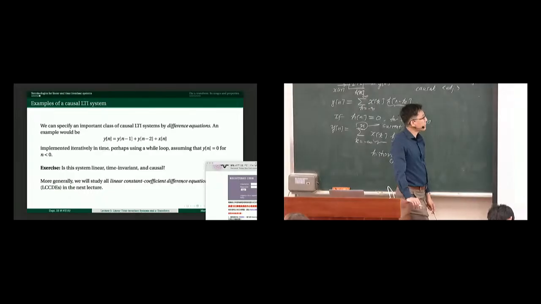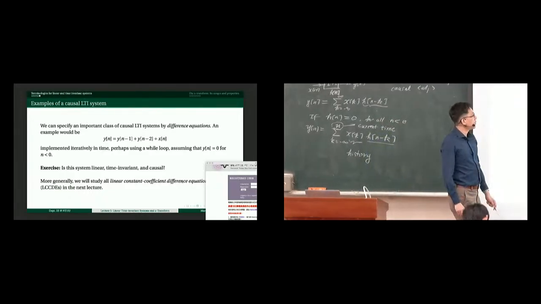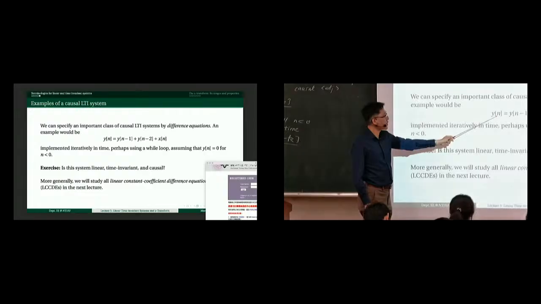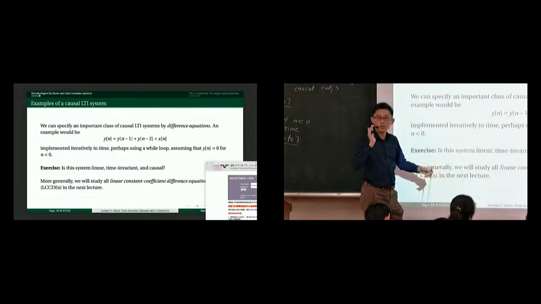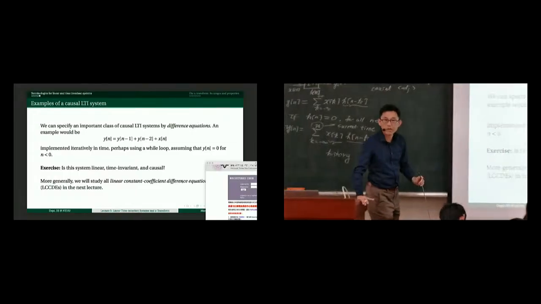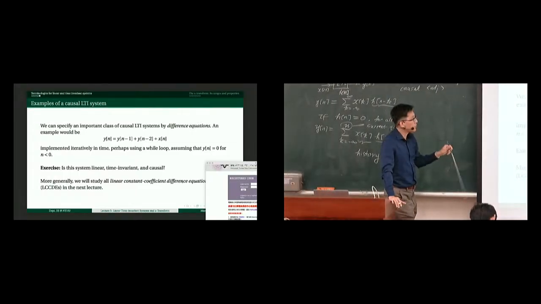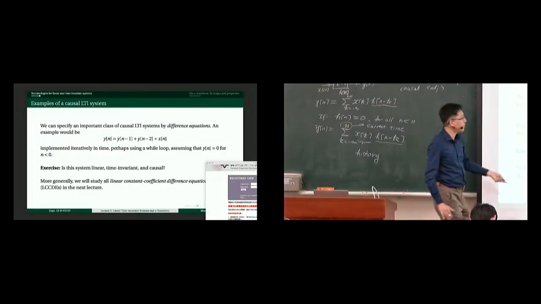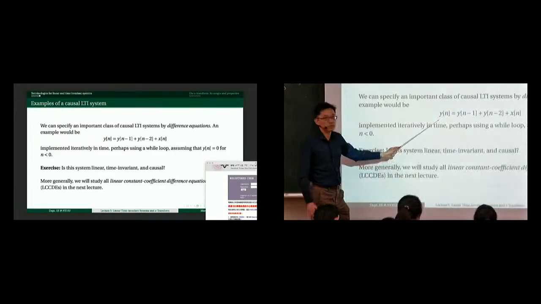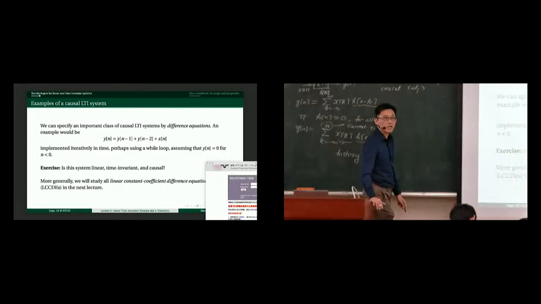That's a linear system, and if this is valid for every n, then this property does not change. It's also a time invariant system. Therefore, this difference equation defines a linear and time invariant system, with input right here and output right there.